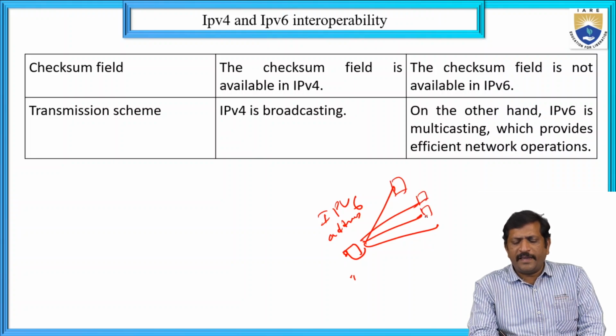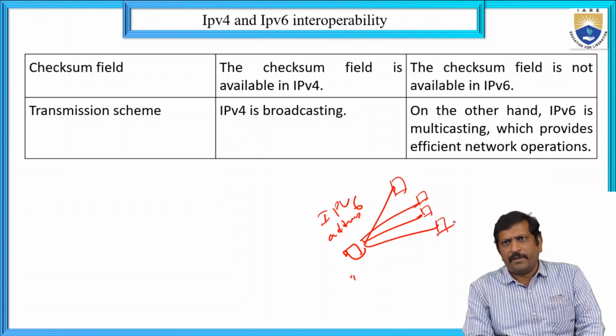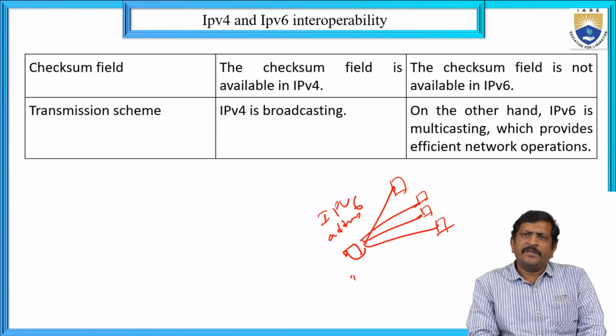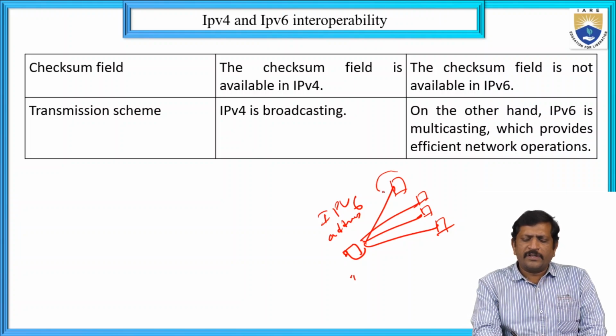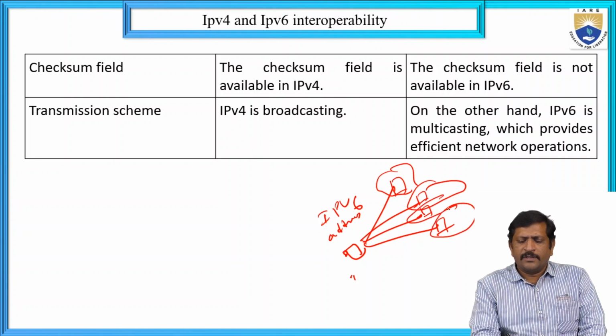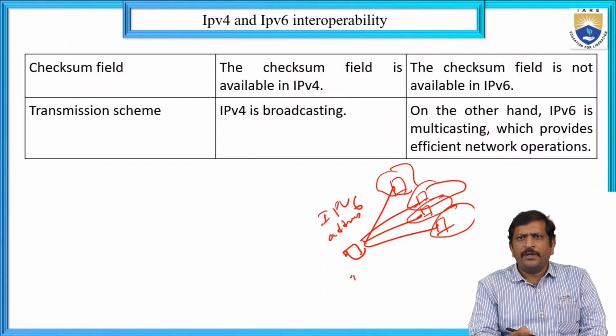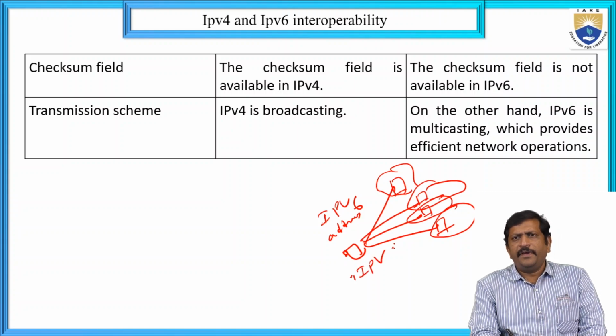That is, multicasting can be performed, and we can send information to a group of workstations also with the help of IPv6.